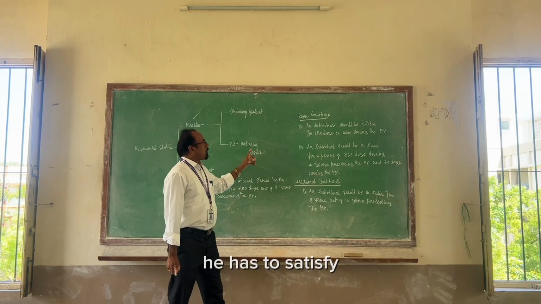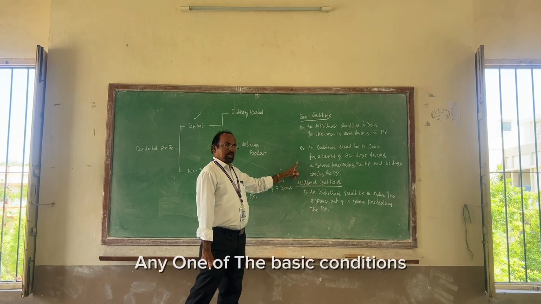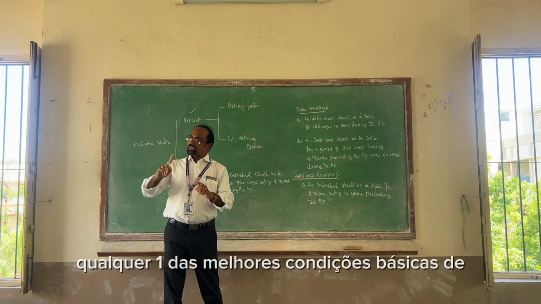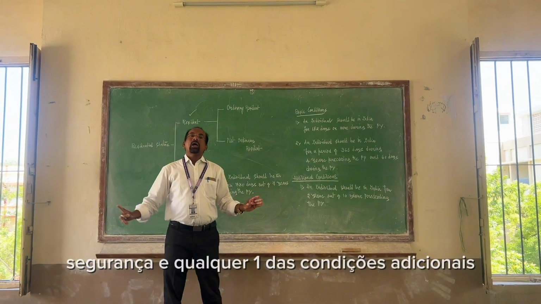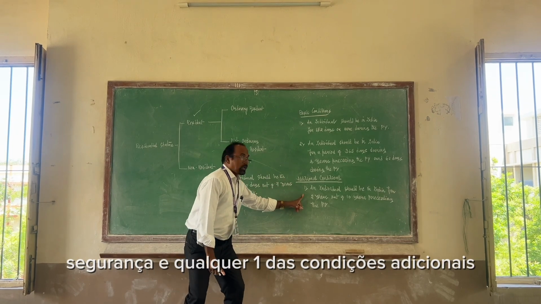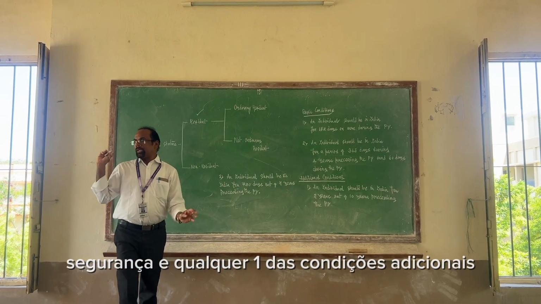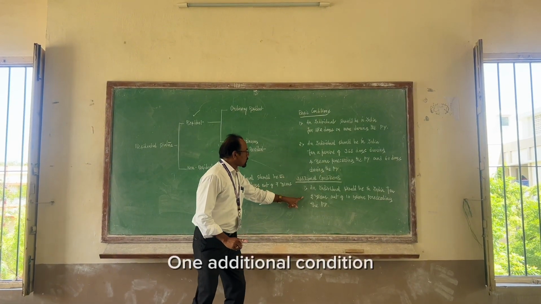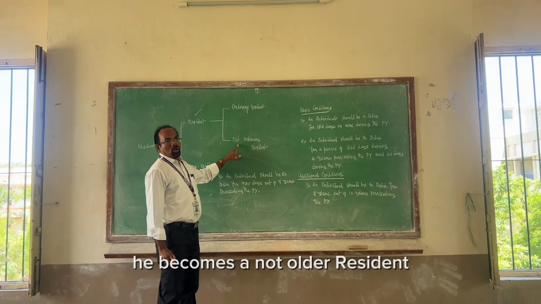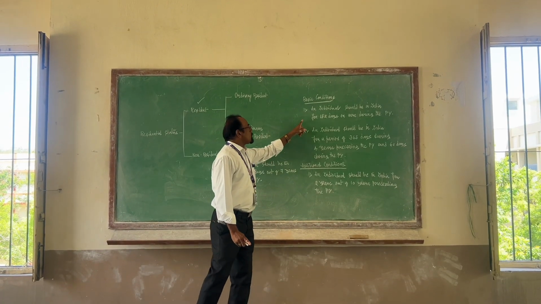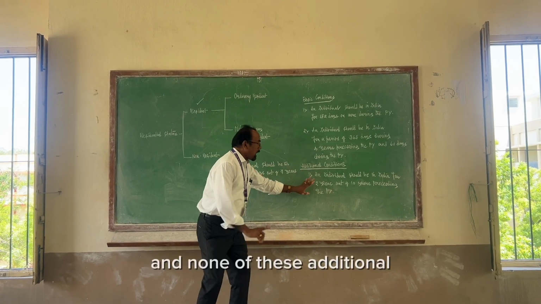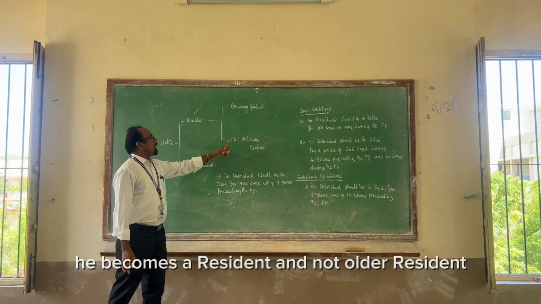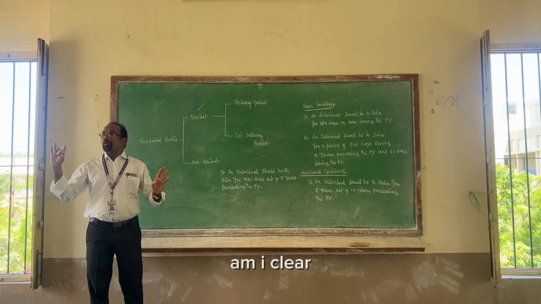He has to satisfy any one of the basic conditions as said earlier, and either one or none of the additional conditions. So if he satisfies one basic condition, one additional condition, he becomes a not ordinary resident. If he satisfies one of these basic conditions and none of these additional conditions, he becomes a resident and not ordinary resident. Am I clear?